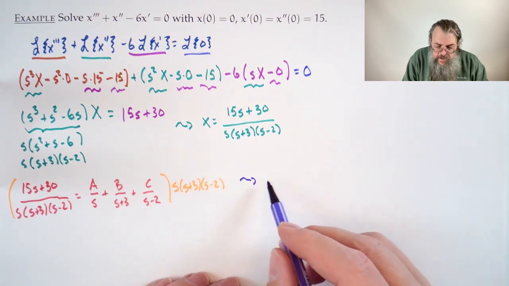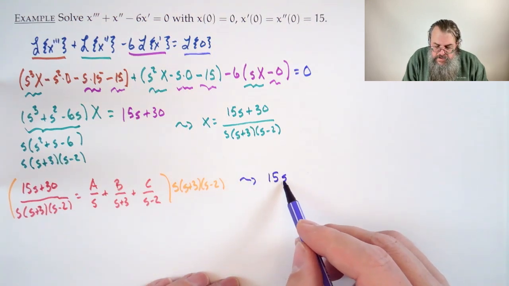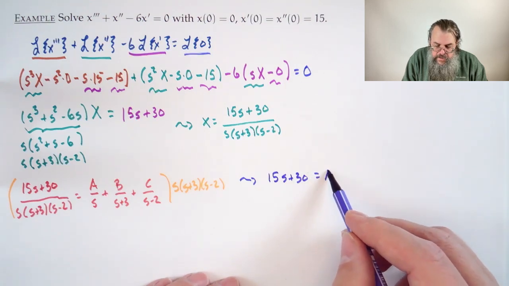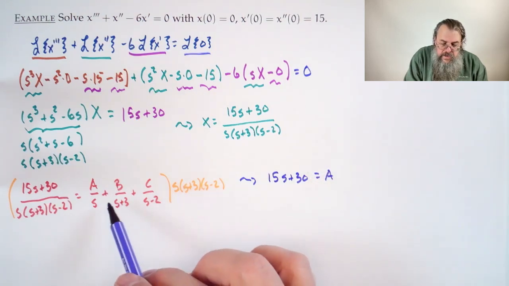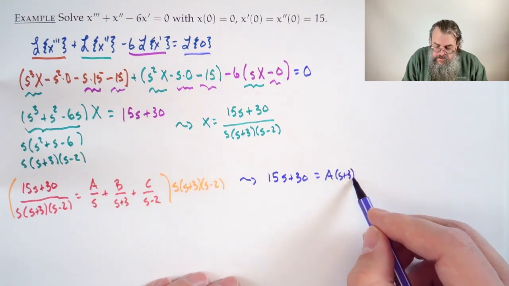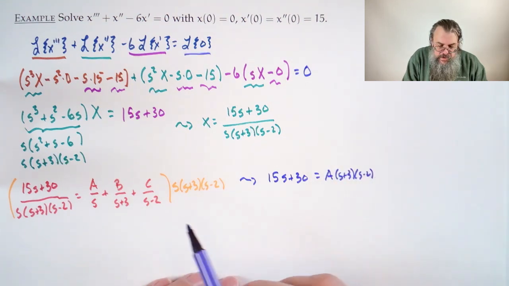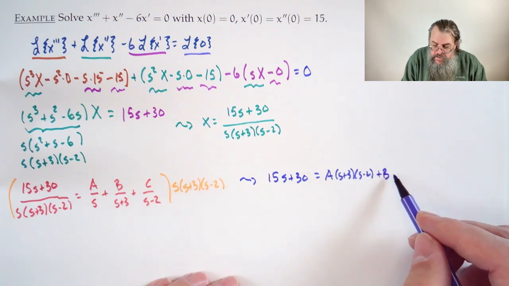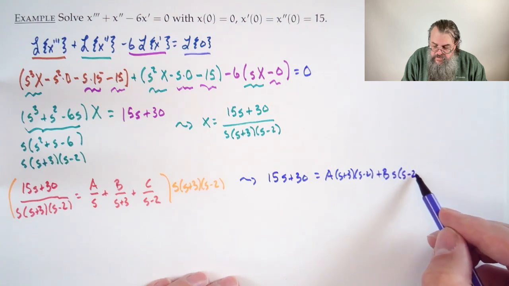And what we end up with is we end up with the following. We say, okay, we have 15 times s plus 30 is equal to a. Now here, the s terms cancel, so it would be s plus 3 times s minus 2. Then b, the s plus 3 terms cancel, so it would be b times s minus 2.